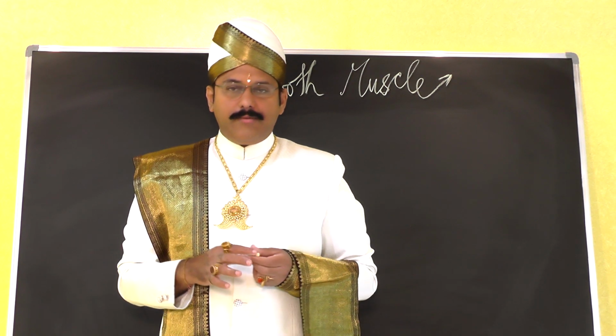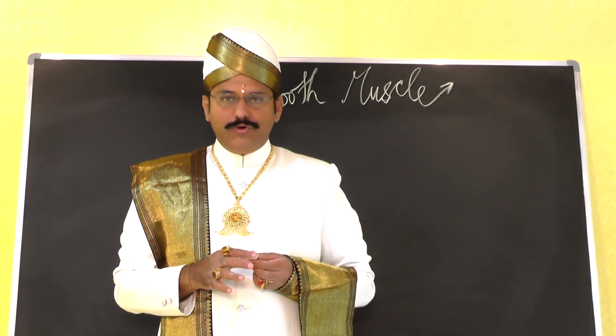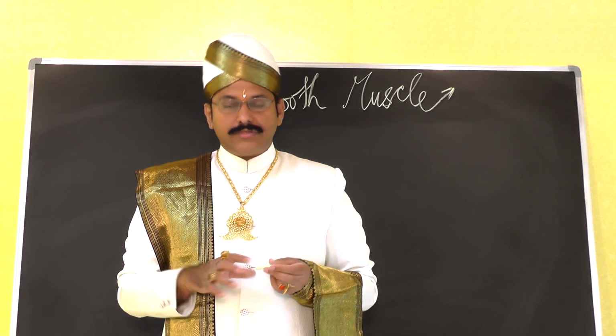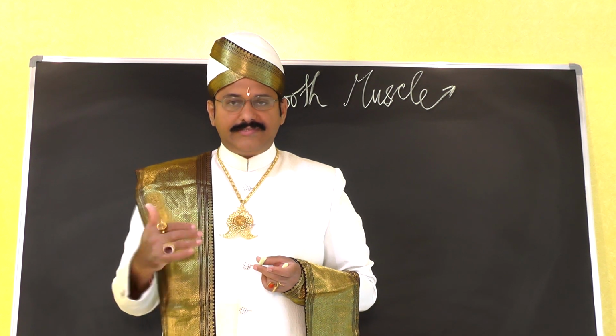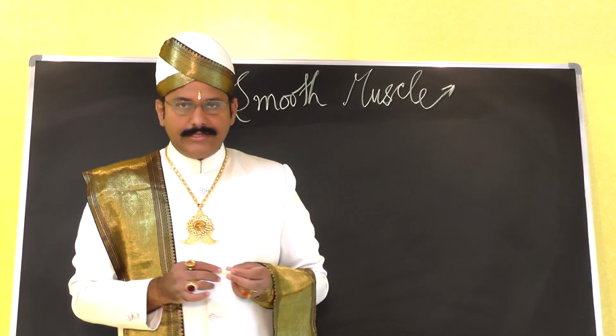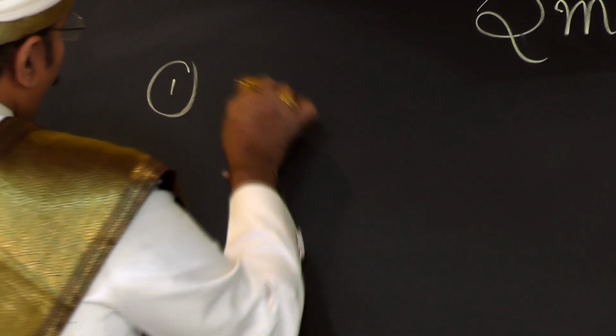And if you are talking about the tubes, arteries and veins are tubes which are hollow. So they are all made up of smooth muscles. The walls of these are made up of smooth muscles. So we are going to learn firstly the hollow visceral organs.